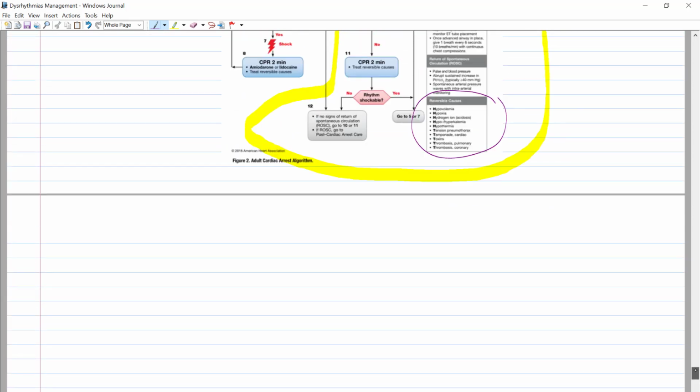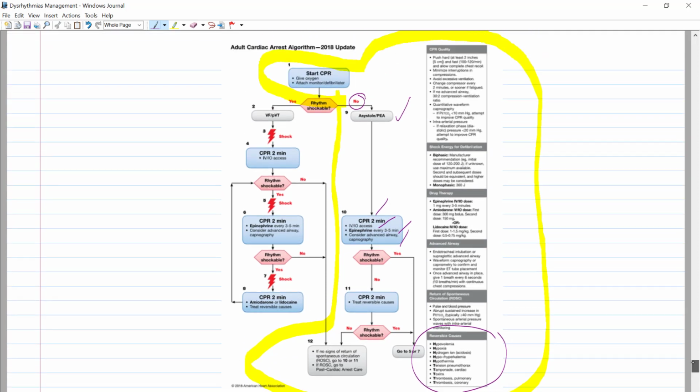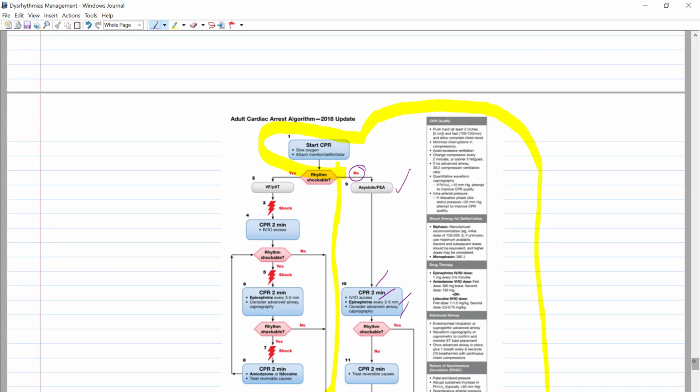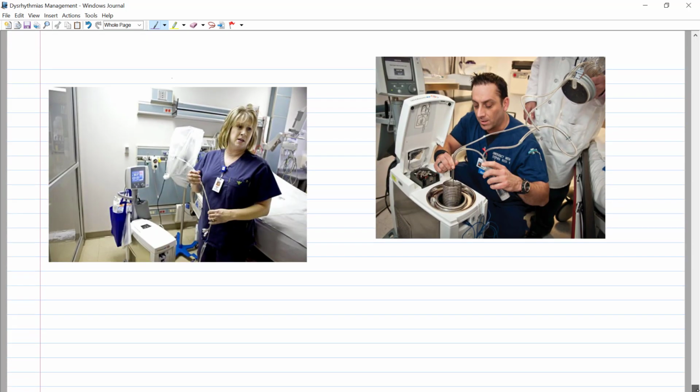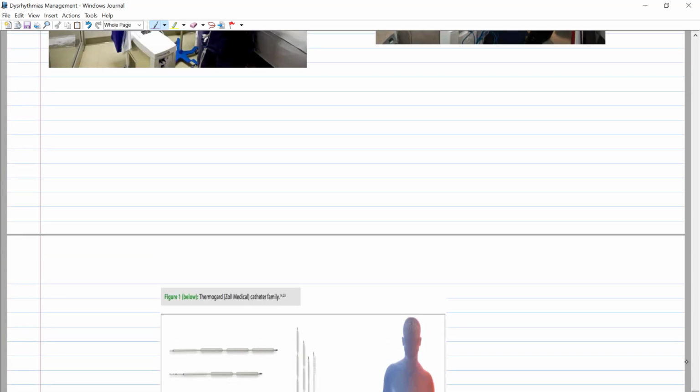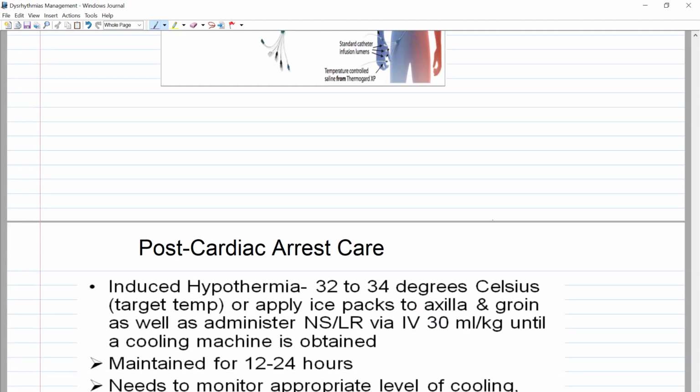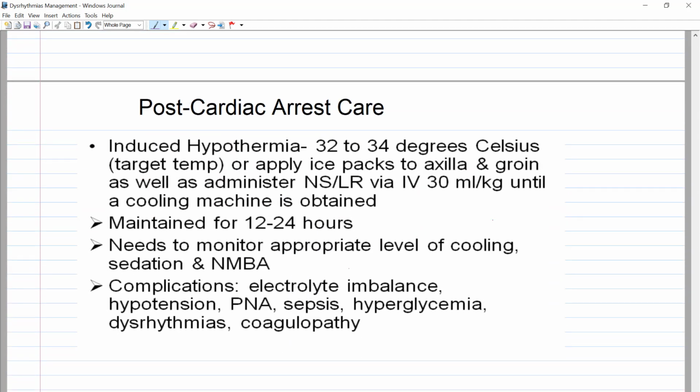Now, of course, some patients survive after any of the arrhythmias that I mentioned, but some, unfortunately, don't survive. Now if they survive from these arrhythmias, then you have to do post-cardiac arrest care.